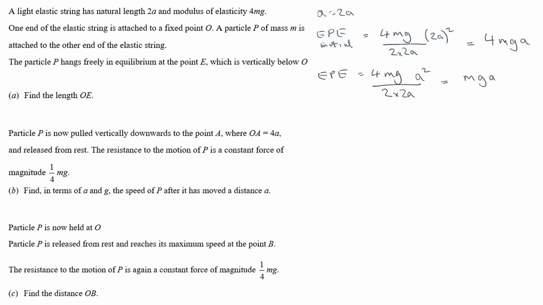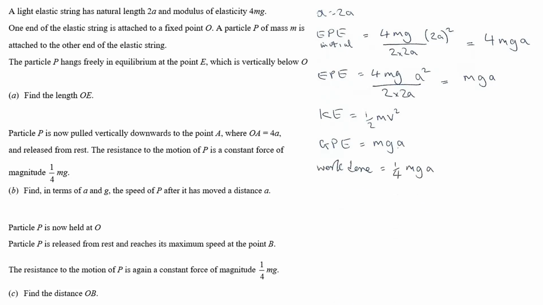Now, after it's moved a distance a, remember the extension was 2a, and now it's a because it's gone up a. So there's still an a remaining, so there is still elastic potential energy there. I worked out an expression for that as well. And the kinetic energy is half mv squared. The gravitational potential energy that it's gained is going to be mga because it's moved up a.